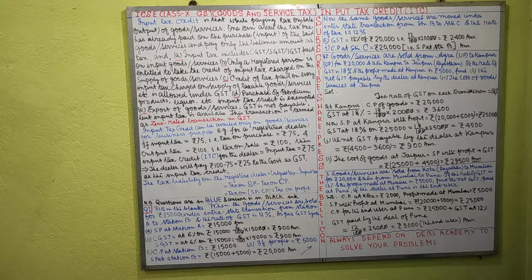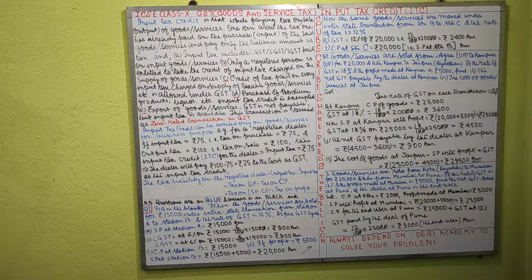Therefore, answer number 1, the net GST payable by the dealer at Kanpur will be 4,500 minus 3,600, which is 900 only.